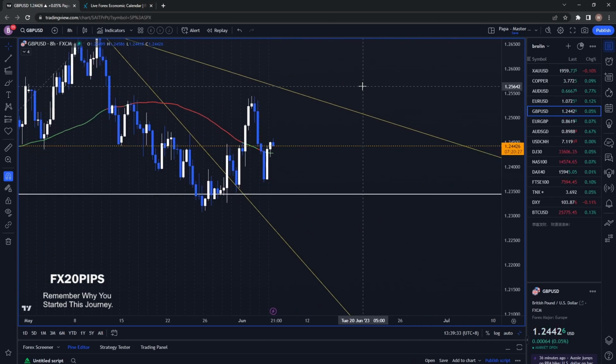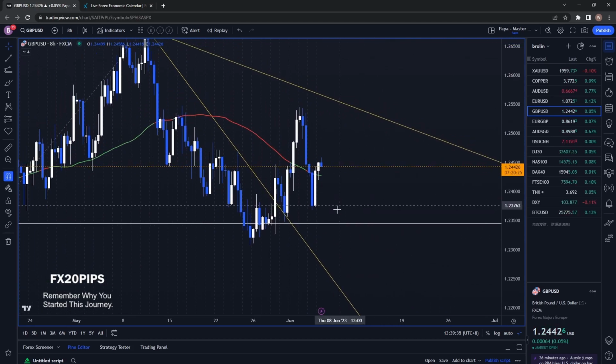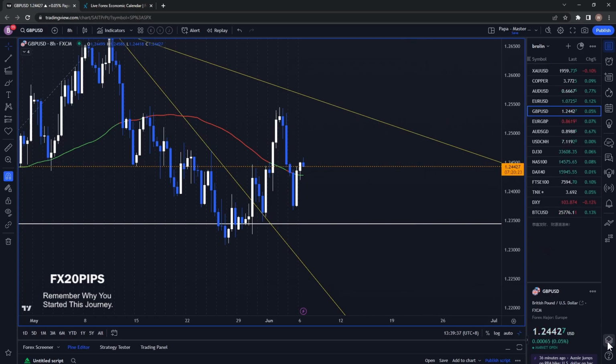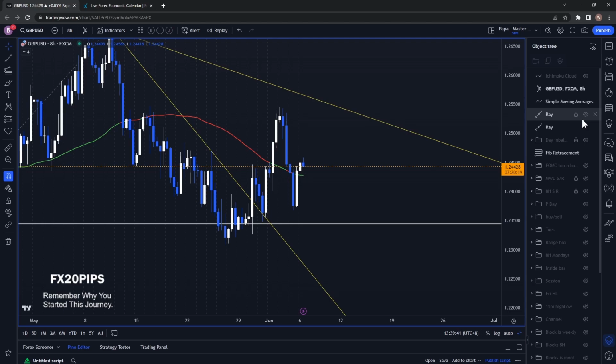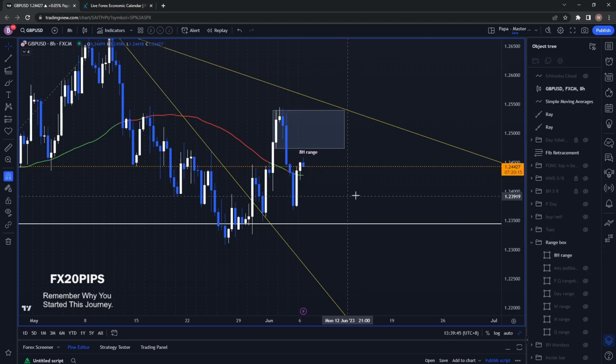So where are we now? Let's do our daily routine first. Range box, 8 hours. That's the previous one. Price closed below, more than 2 candles. And price is now currently here.